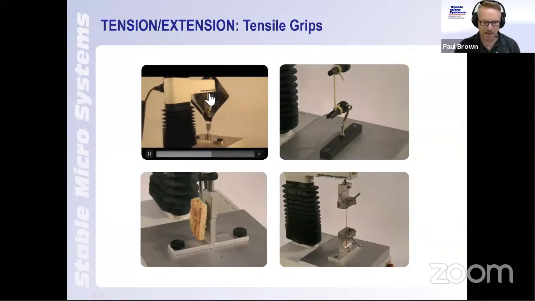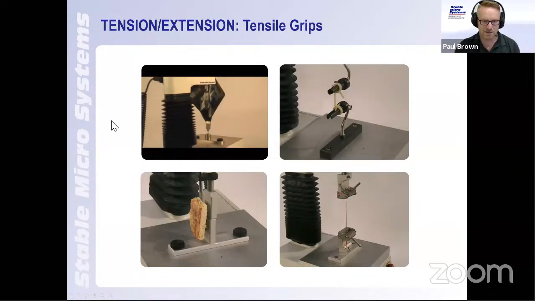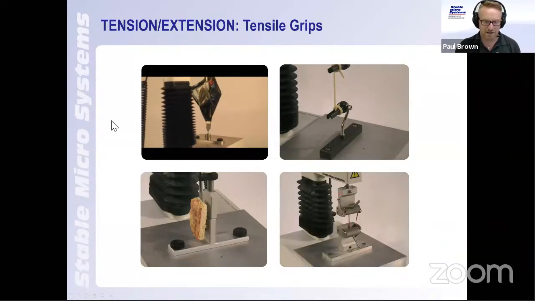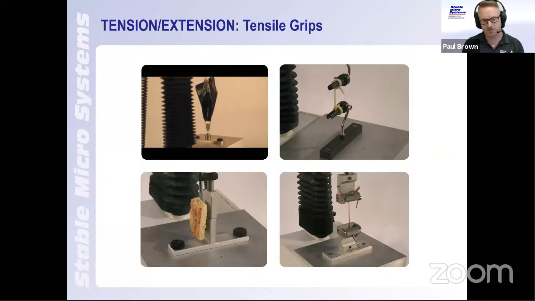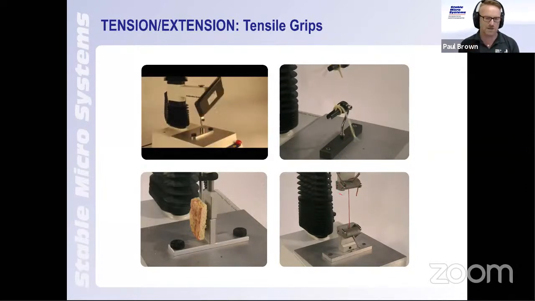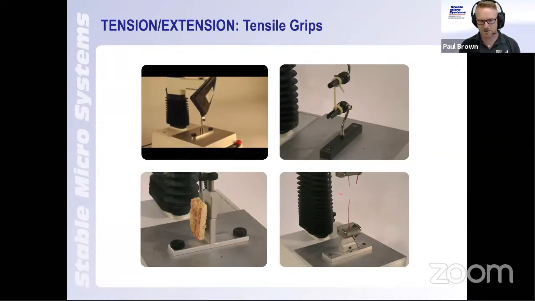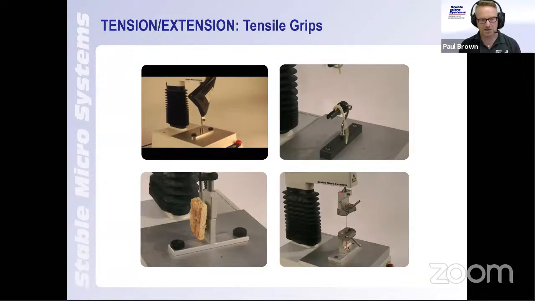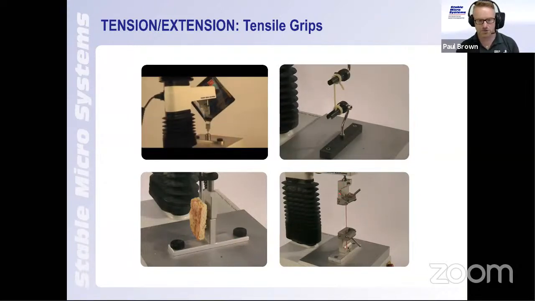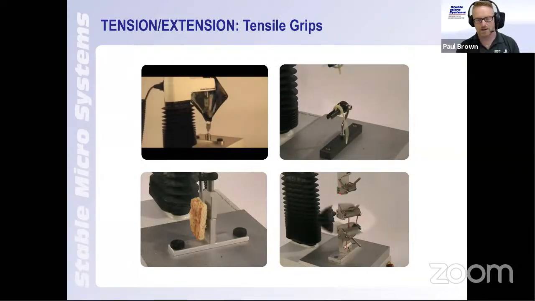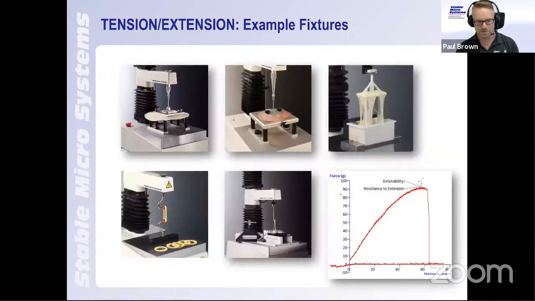So we can look at the peel of a product that comes under the tension and tensile grips. You'll see this in adhesion as well, because this falls into two categories, adhesion as well as tensile strength. Looking at packaging and the seal strength of packaging can come under both areas, and you'll see that a little bit later as well.